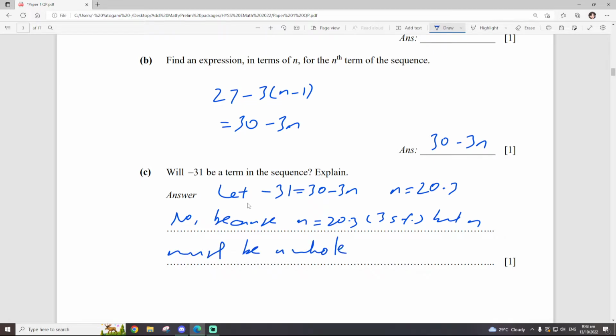So quite simple. This is pretty standard. We've probably done this a couple times.